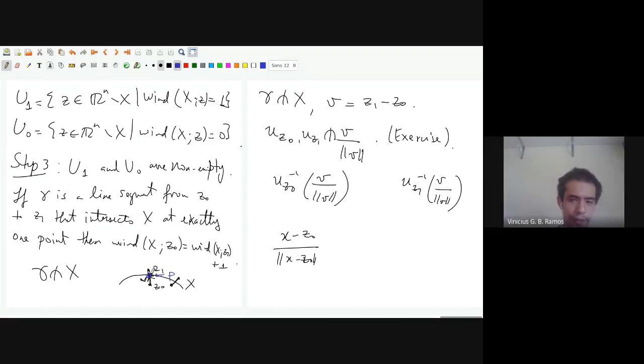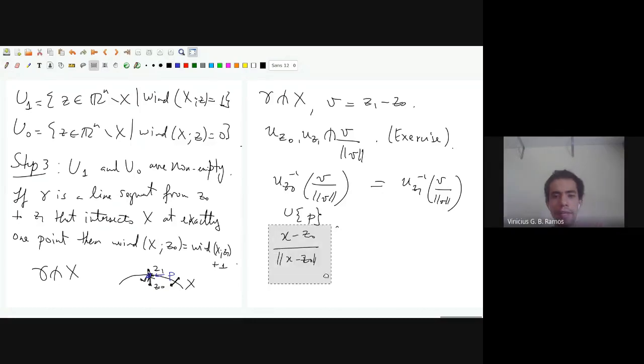But for z1, this point is going to be in the pre-image. So the pre-image of u_z1 is going to be the pre-image of u_z0 with this extra point p.